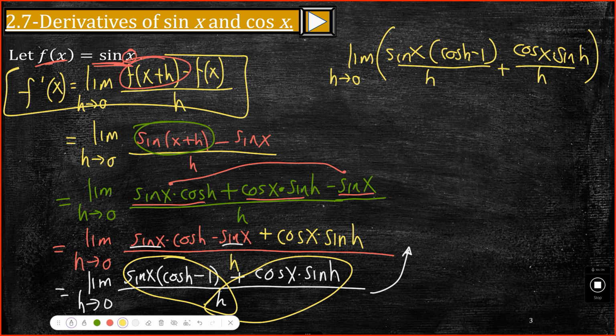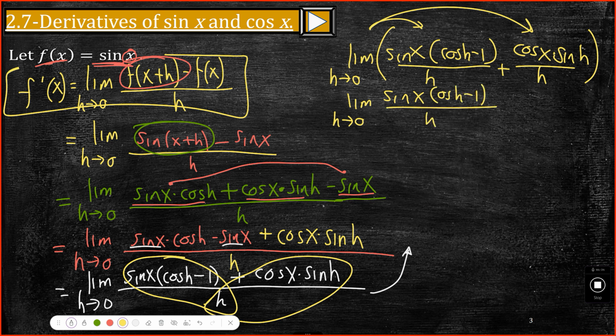So as we continue here, we just have a limit for each one of these. Let's go ahead and do the limit as h approaches 0 of sine x times cosine h minus 1 over h, plus the limit as h approaches 0 of cosine x sine h over h.